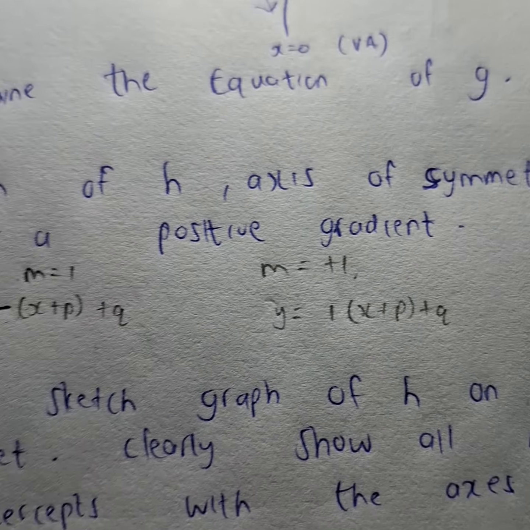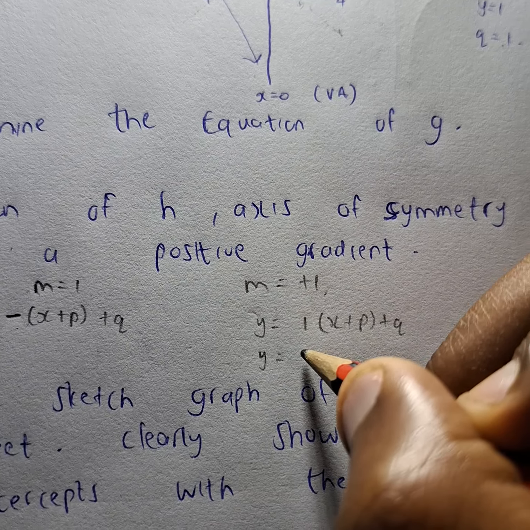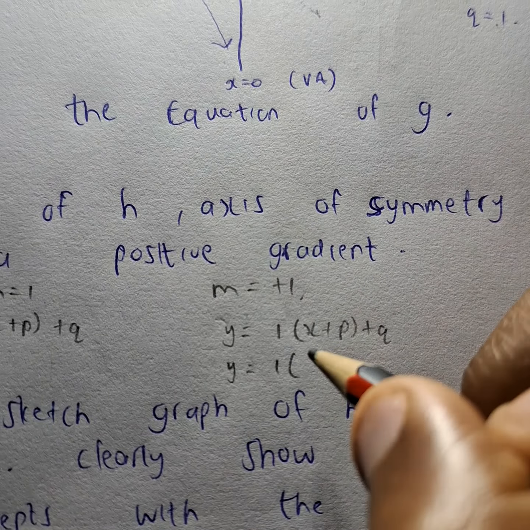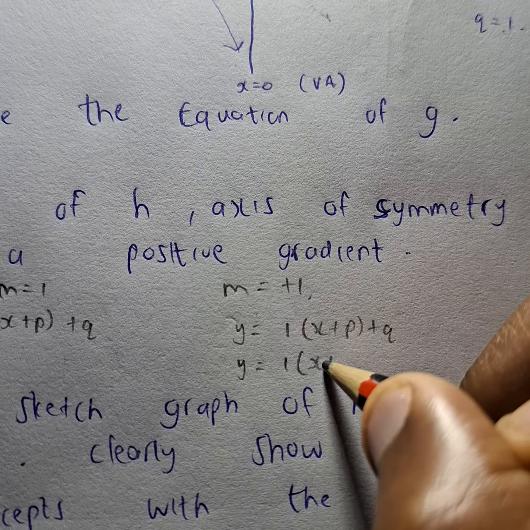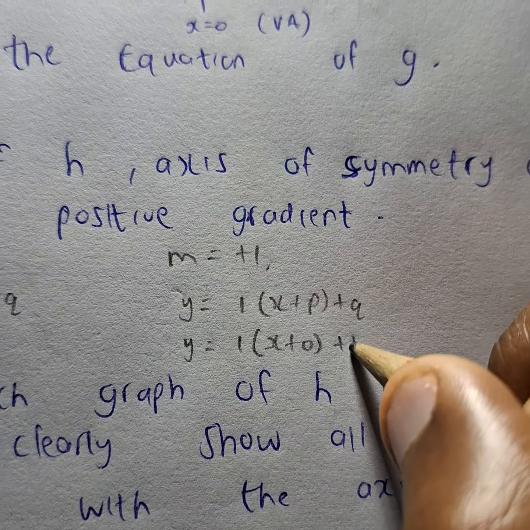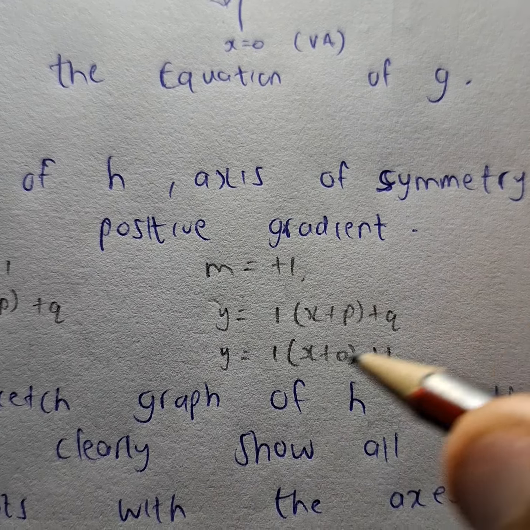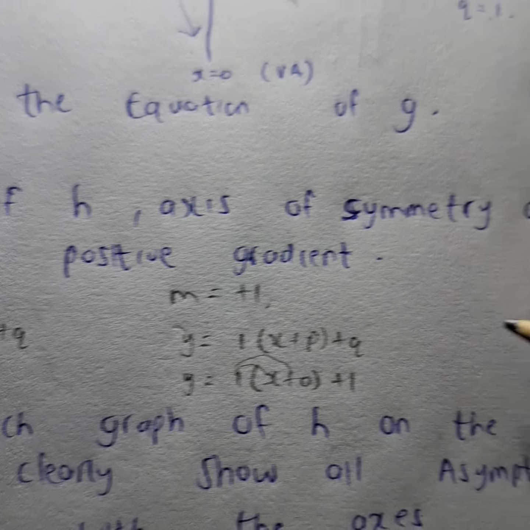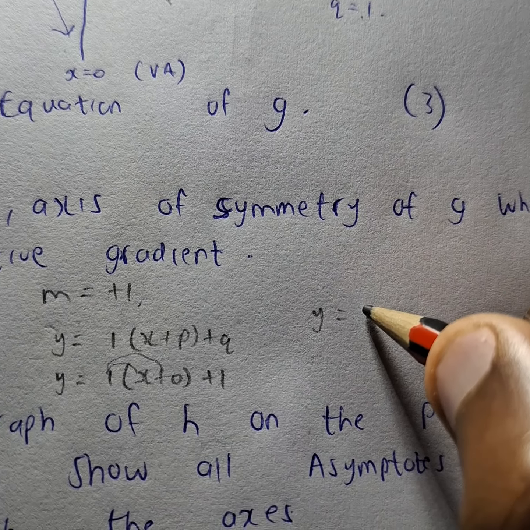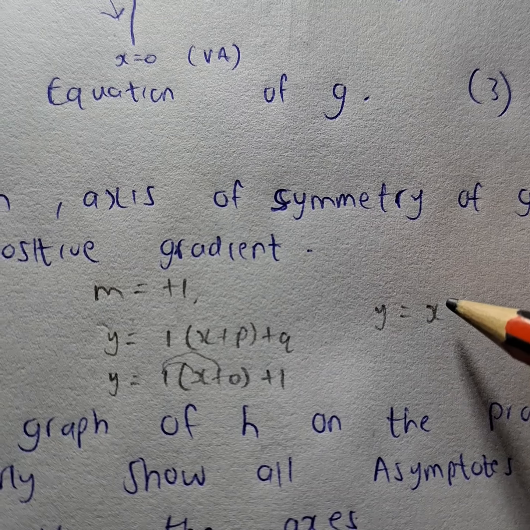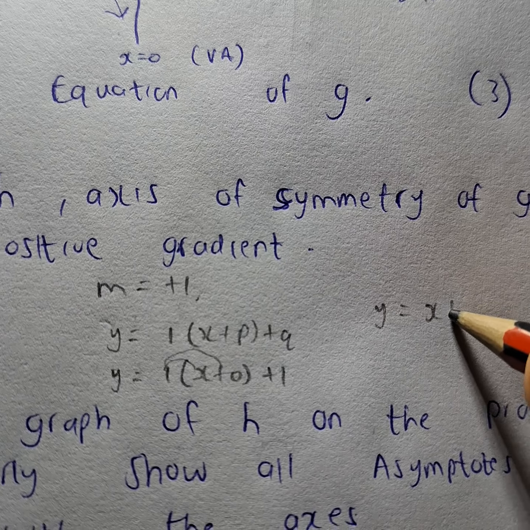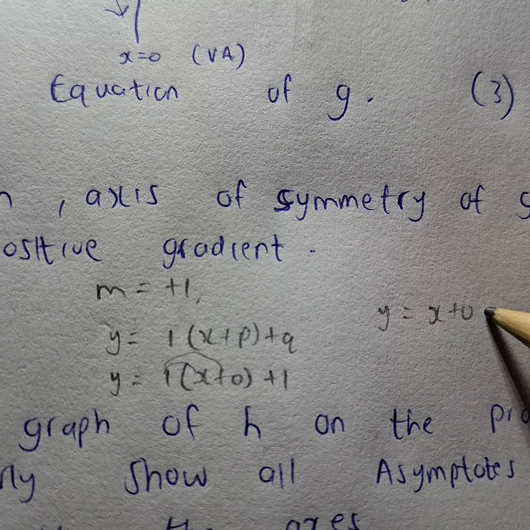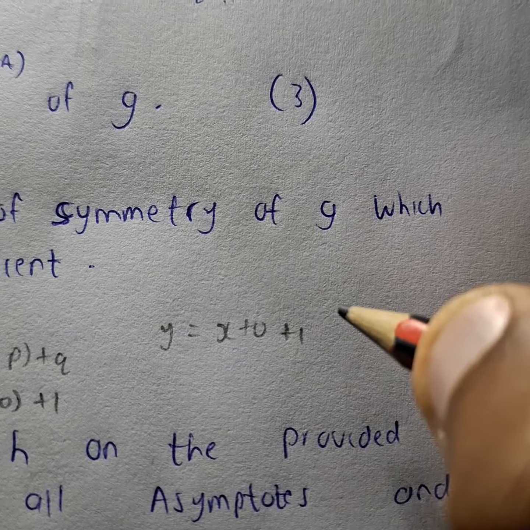So we basically come here, y is equal to 1, since we want the positive axis of symmetry. We write (x plus 0), and then the q value, remember the q value was +1 for the hyperbola function. And all we do is distribute the 1. So that will be y is equal to x, 1 times x is x, 1 times 0 is 0, and then obviously we remove that bracket and then we add the +1.